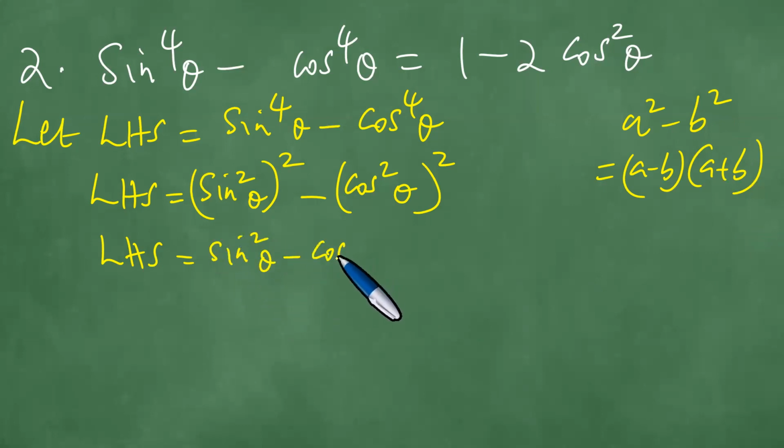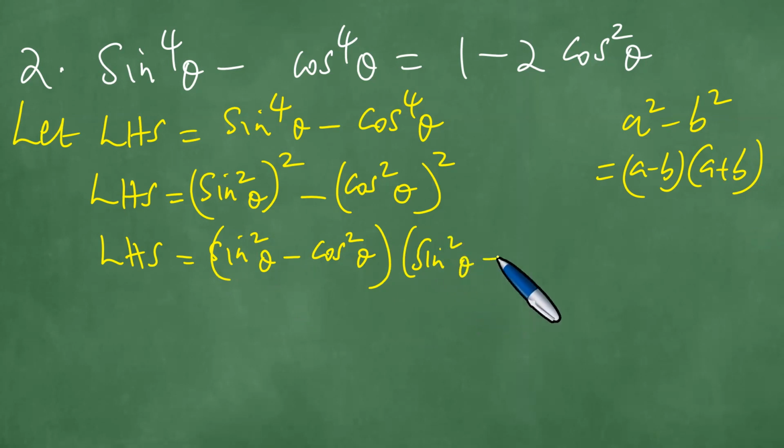Sine squared theta minus cosine squared theta, times sine squared theta plus cosine squared theta. Like this. Okay, let's continue.